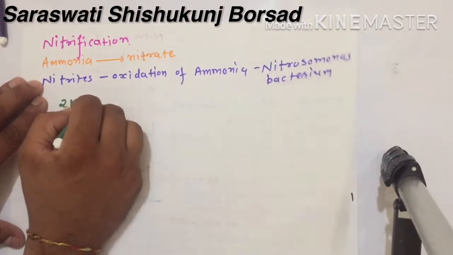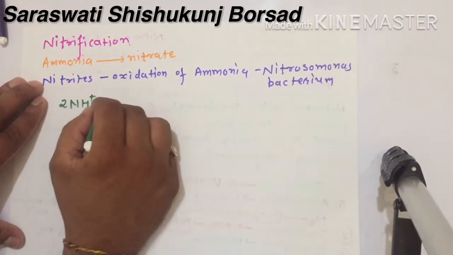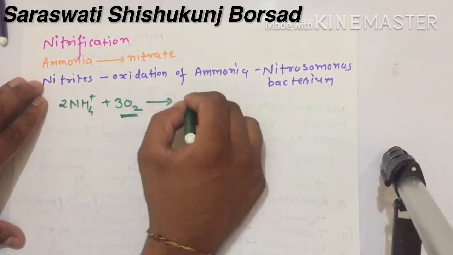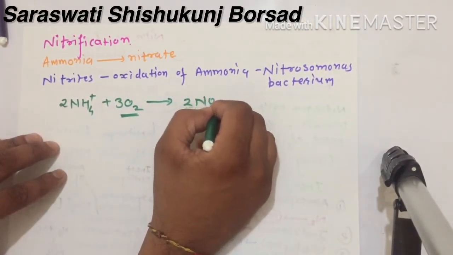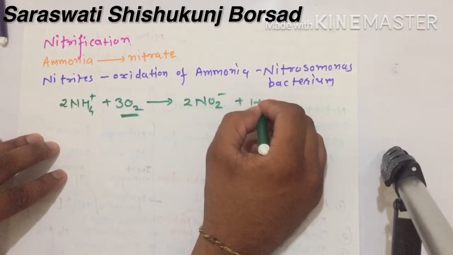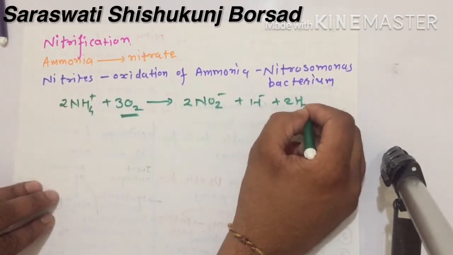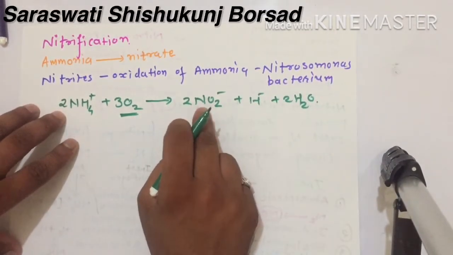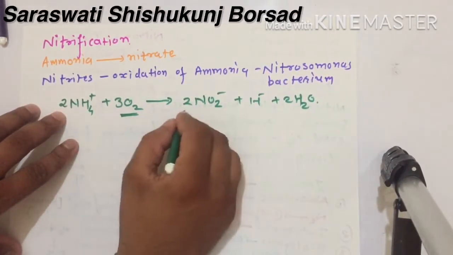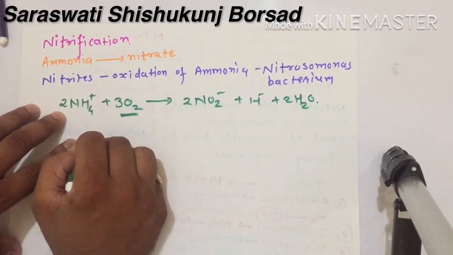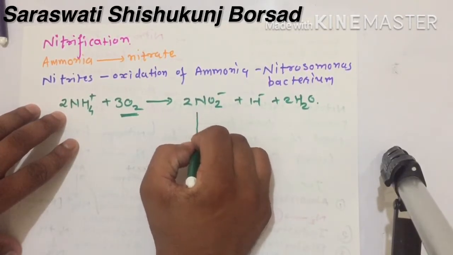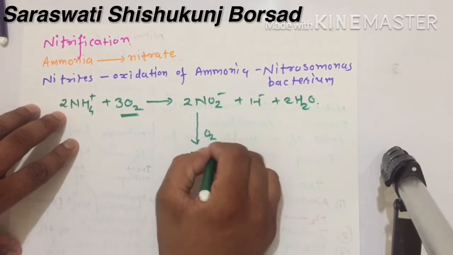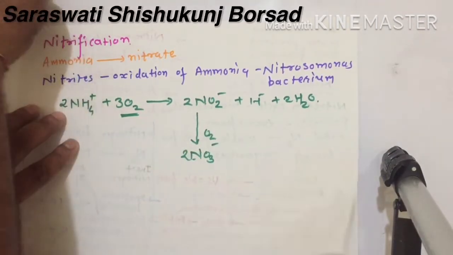Suppose we have this ammonium ion. Oxygen is added, so it gets oxidized into 2NO2 minus plus hydrogen plus 2H2O. Now try to understand this NO2 minus: it will get oxidized into NO3 minus.